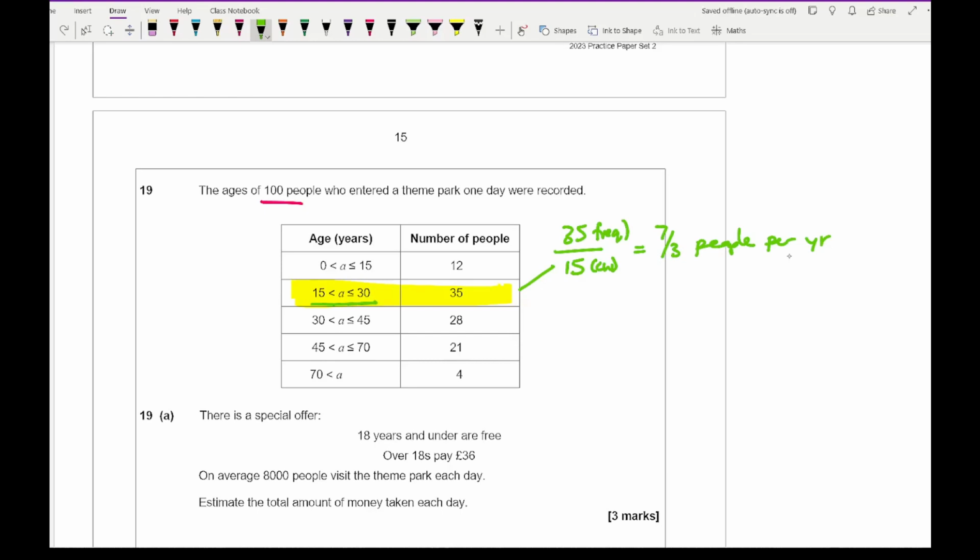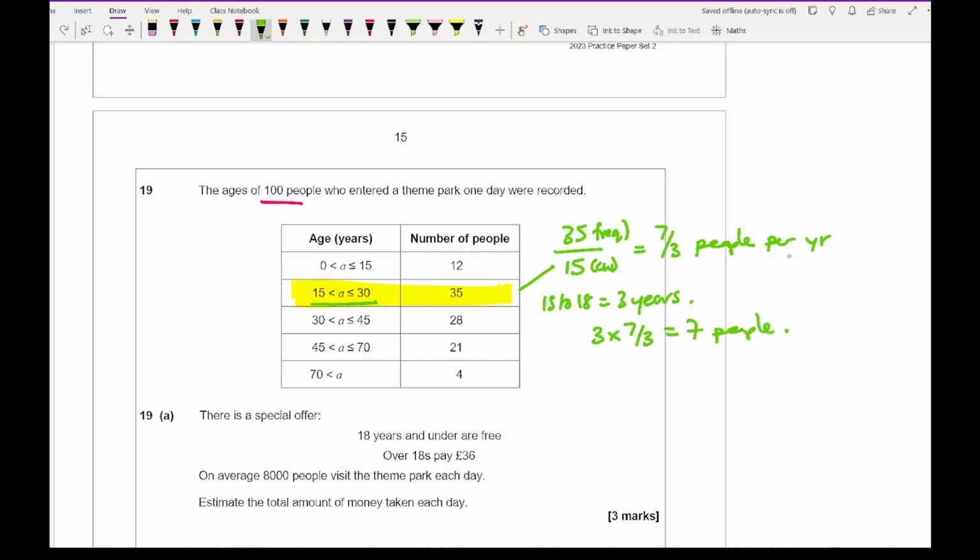Now 18 is 3 years, so 15 to 18 equals 3 years. So to find out how many people there are between 15 and 18, I then need to do 3 times 7/3, which gives me an answer of 7 people.